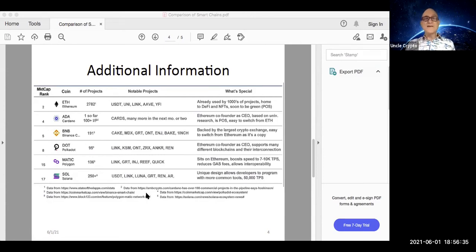So ETH has 2,782 projects. And there are so many, I guess there's probably 15 more coming on while we're having this meeting. It's huge. Now, ADA is interesting because ADA built itself slowly in a manner that no other blockchain has done.